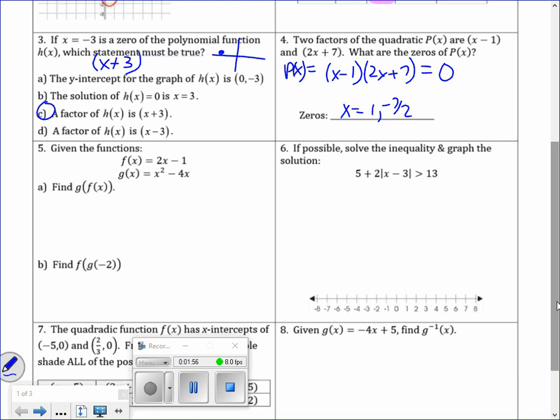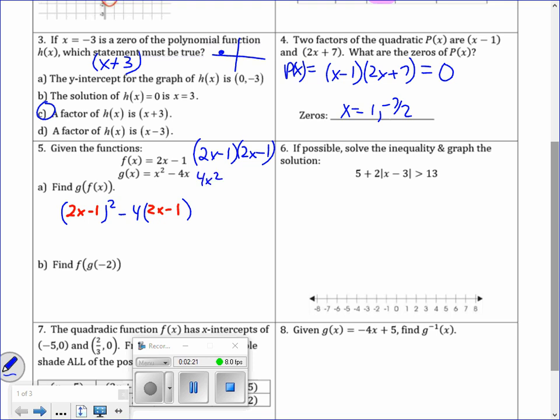So g of f of x, this is composition. So I'm going to take f of x and put it into g. So g is the boss. I have something squared minus 4 times the same thing. So that something that I'm squaring is f of x, 2x minus 1. All right, so I'm going to go and square that to the side. 2x minus 1, if I square it, means I'm multiplying it by itself. So I'm going to FOIL it out. 2x times 2x is 4x squared.